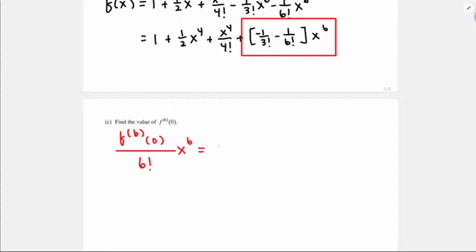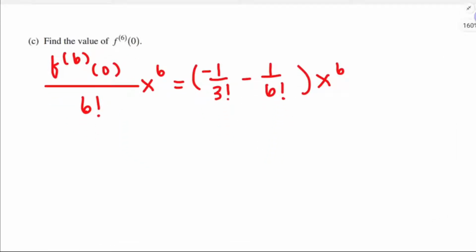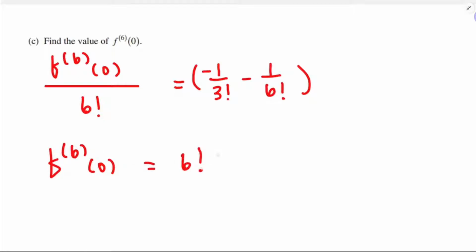So that's going to be negative 1 over 3 factorial minus 1 over 6 factorial, times x to the 6th. From here, we can just divide both sides by x to the 6th and start solving for what we're looking for, f's 6th derivative at 0. That's just going to equal 6 factorial multiplied by this number over here.